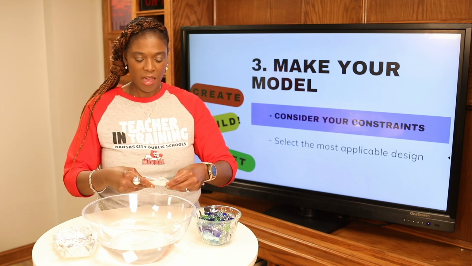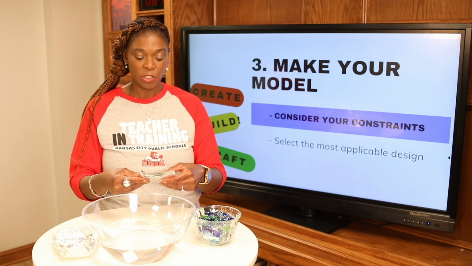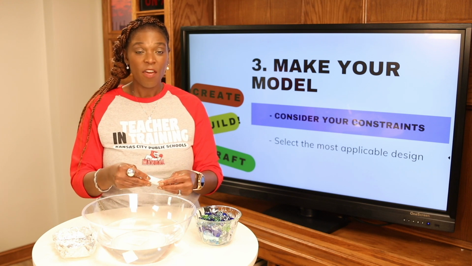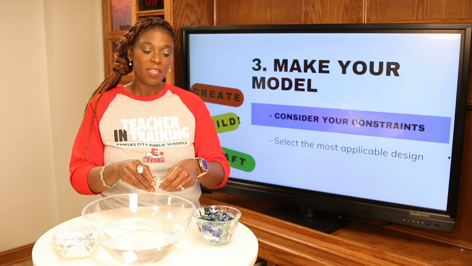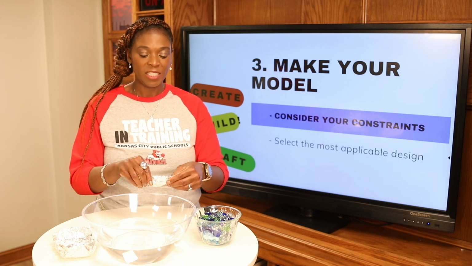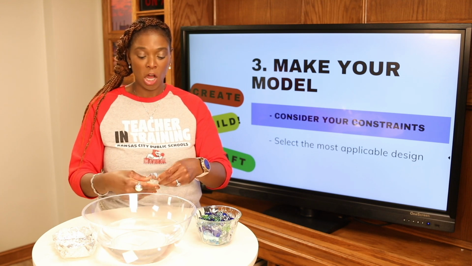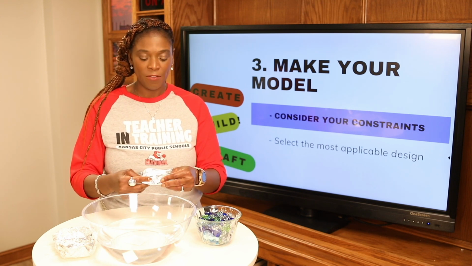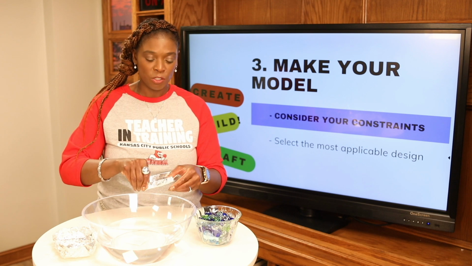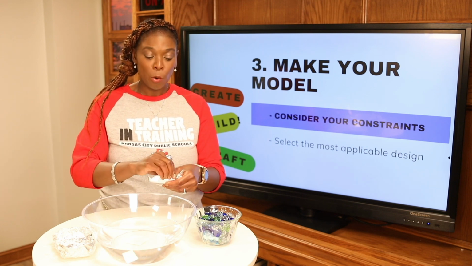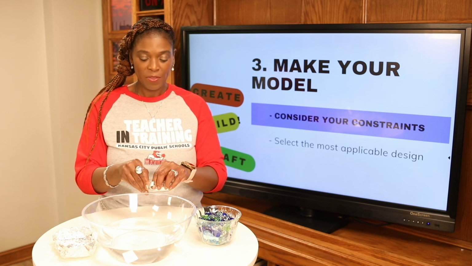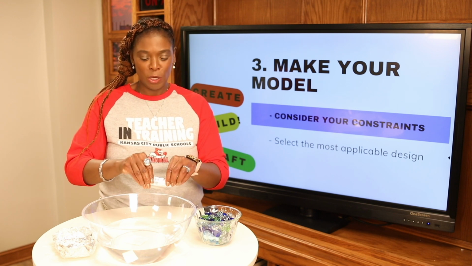So this time, the base of my boat is going to be much smaller than it was initially, but the bottom is going to be significantly more strong to withstand the weight of those marbles. So hopefully, I will be able to get more marbles inside and it still will float.